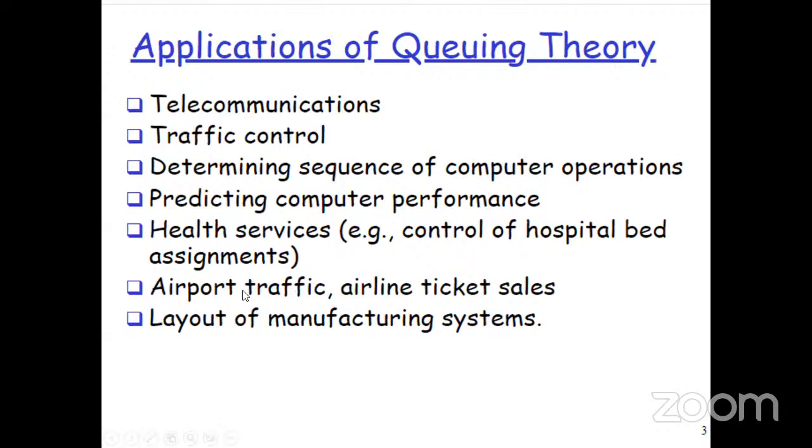Health services applied it, airport traffic, airline ticket sales, and layout of manufacturing systems also apply it. What is this layout of manufacturing system?